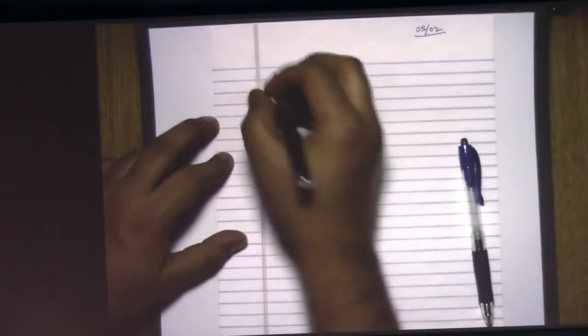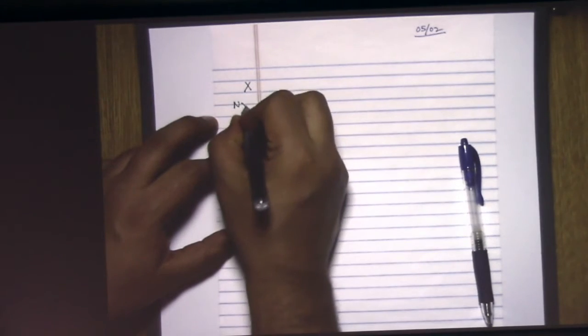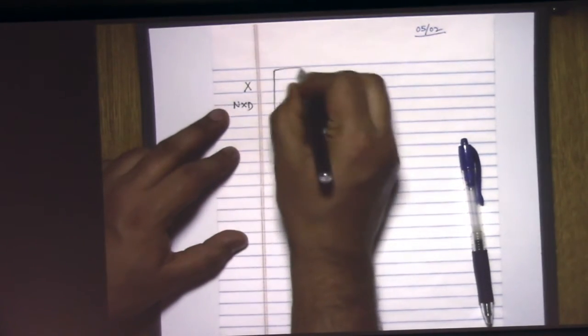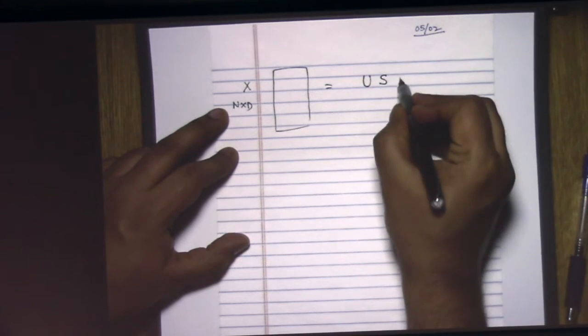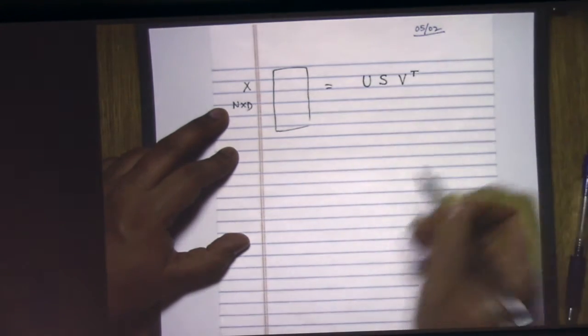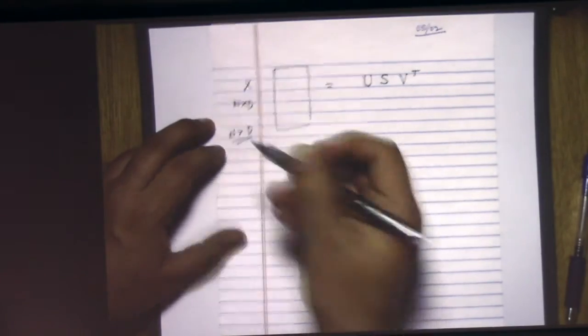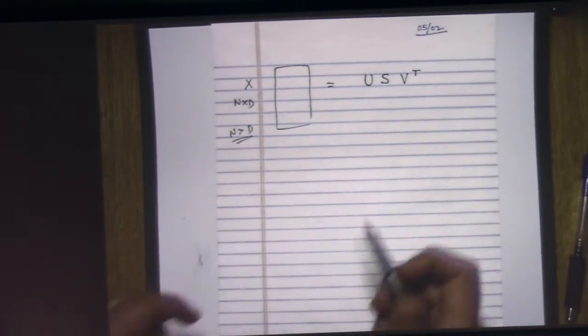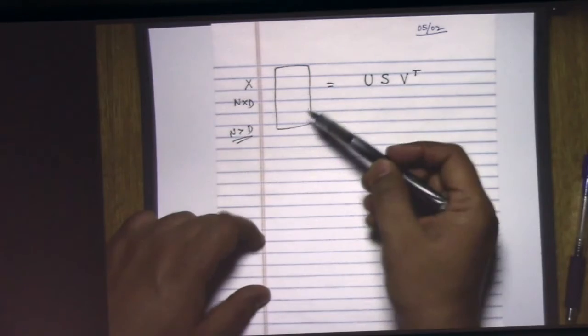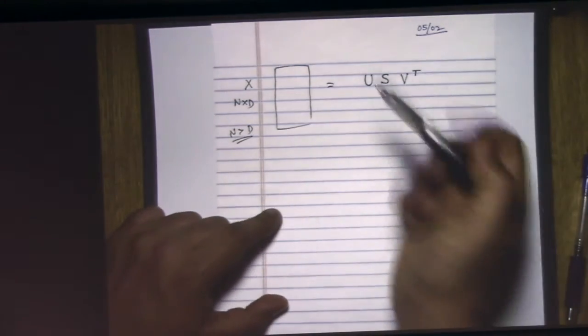Let's say this is your data matrix X, and X is n cross D. By SVD, we represent X as U times S times V transpose, right? And we assume that n is greater than D. That's just for simplification, but it also works in the other direction. Here we are assuming that you have more rows than columns.